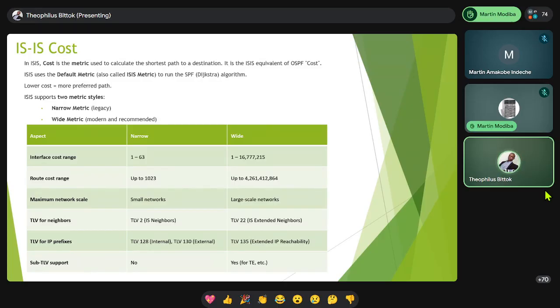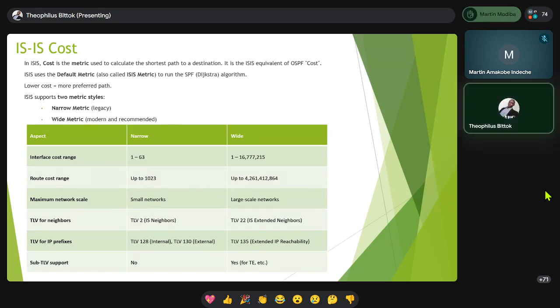and I've configured a narrow metric, and even the upstream router also has a narrow metric, and it receives a link with a cost of, let's say, 2000, basically that router is going to drop it. It's not going to accept that LSP, because it already exceeds the 1023 that is defined in the narrow metric.